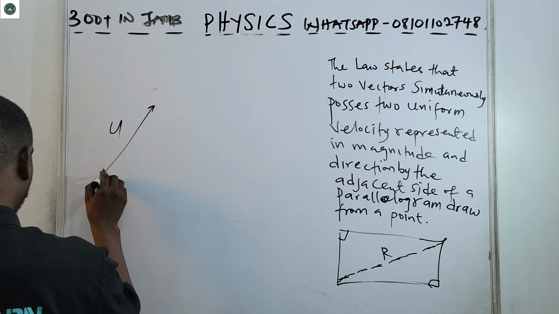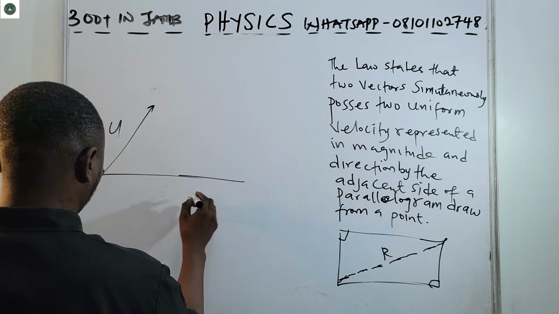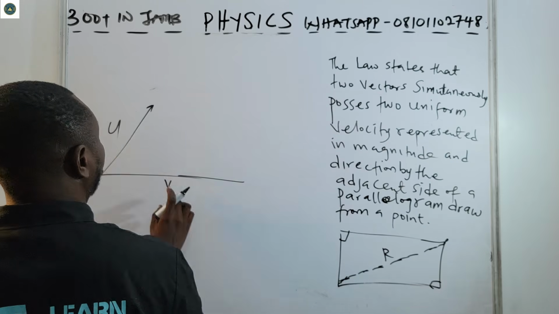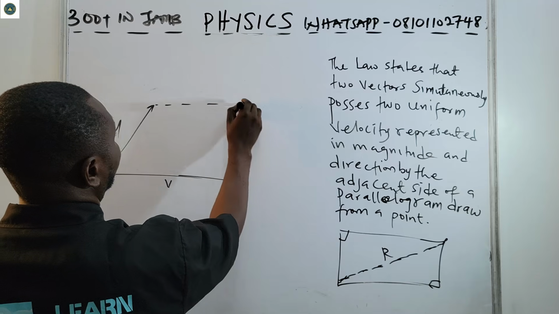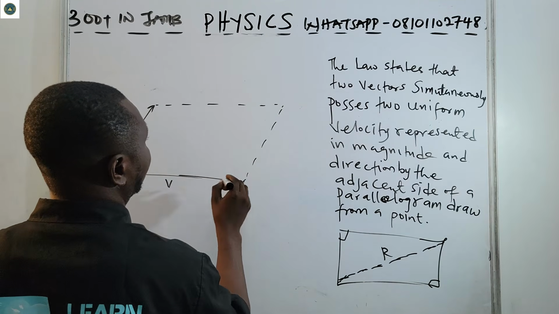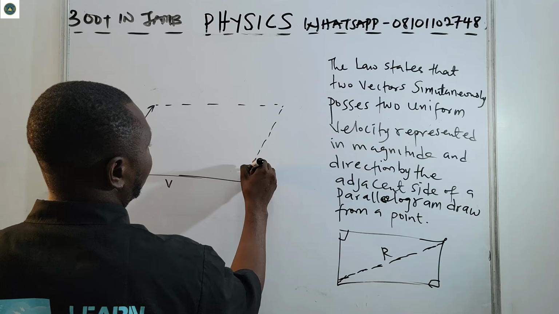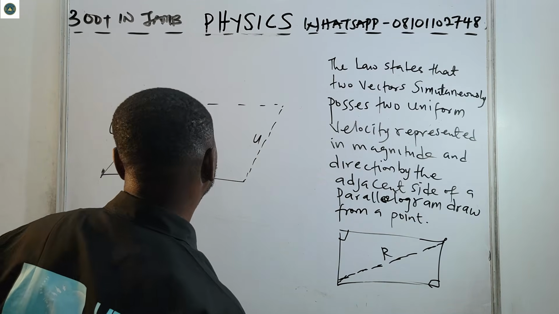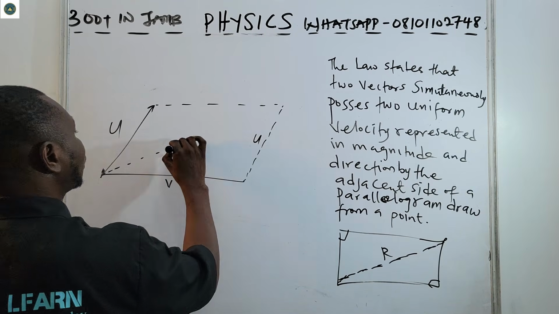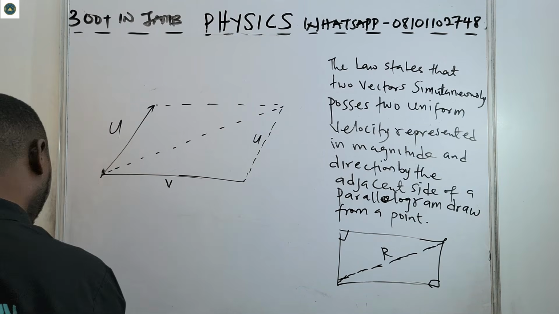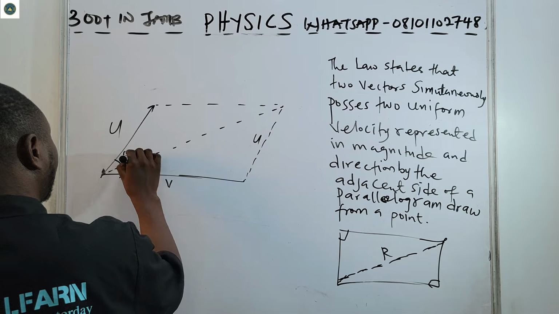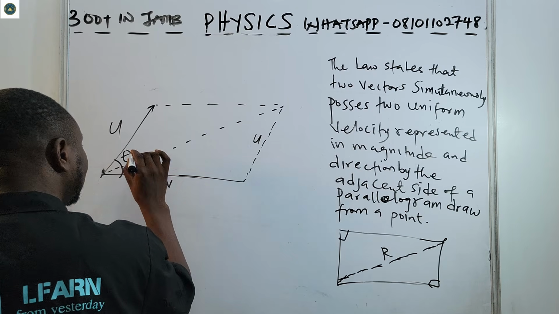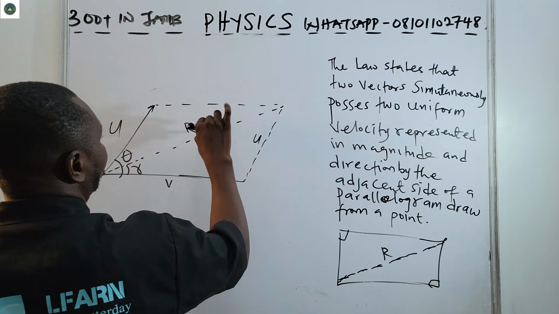Let's say this is U, and we have V. Opposite sides of a parallelogram are equal, so this is U, this is equally U. Now you have a resultant at the diagonal at an angle theta. If here is theta, this small part, let's say, is gamma, and this is R.